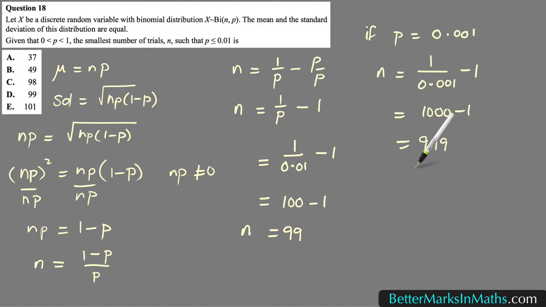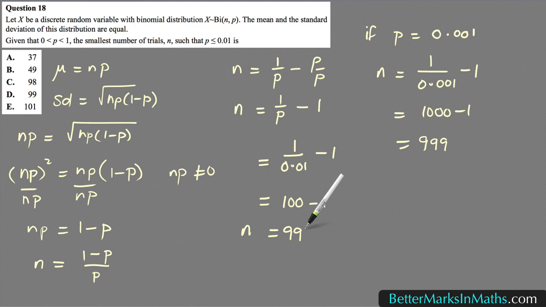So that means that any value of p less than that is going to make the number of trials bigger than 99, which would mean that 99 would be the smallest number of trials such that p is less than or equal to 0.01.